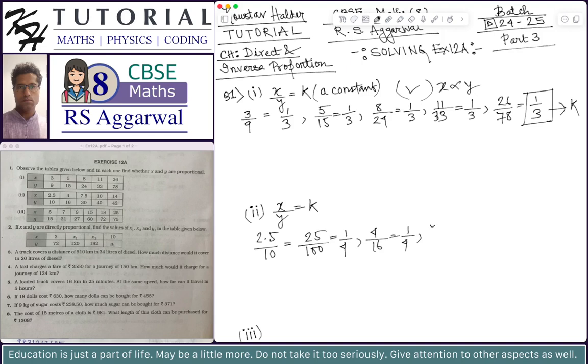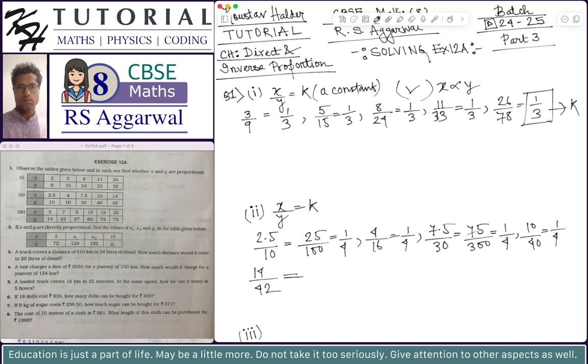Let's see 7.5 divided by 30. This is equal to 75 divided by 300, and of course this is also equal to 1 by 4, and 10 by 40 of course is equal to 1 by 4, and the last corresponding values is 14 by 42.